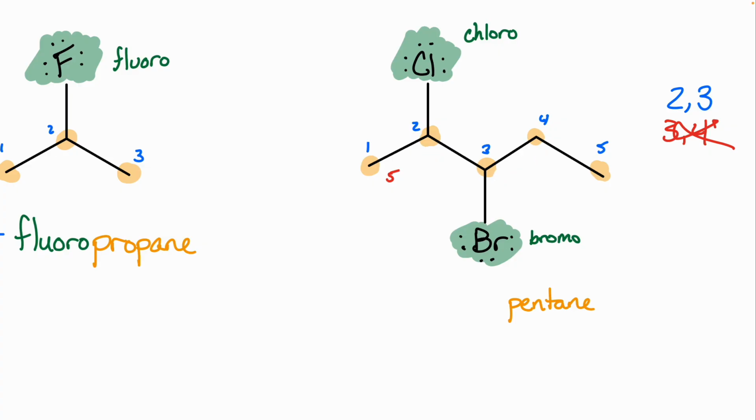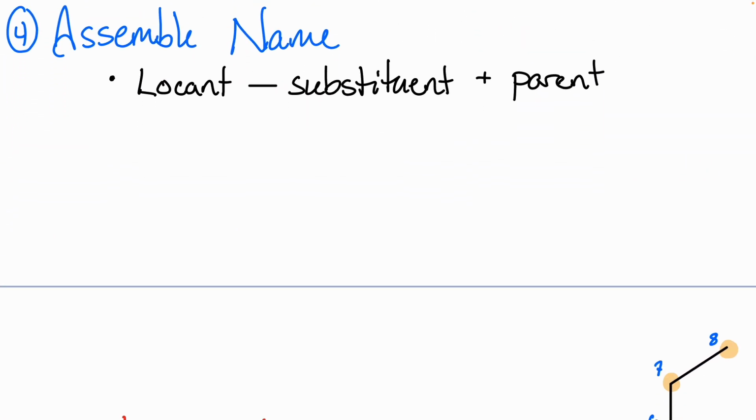Okay. But now we have to assemble our name here. All right, so when we go to assemble our name for multiple substituents, we put those substituents in alphabetical order.